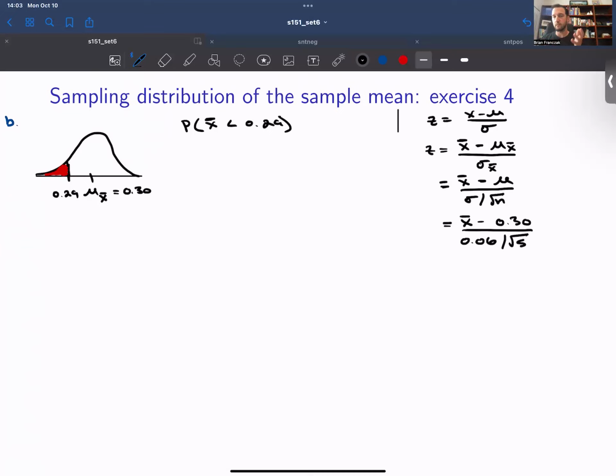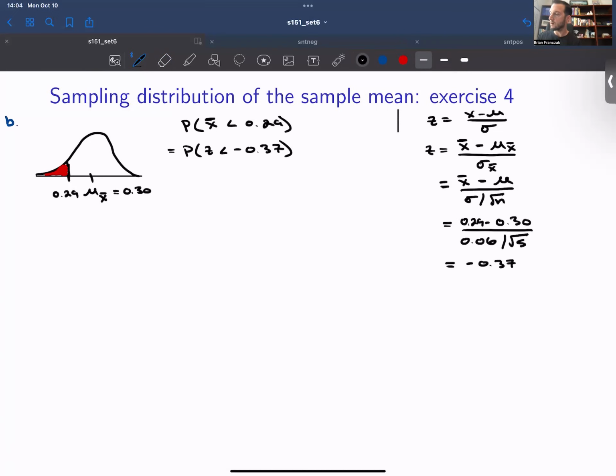All right, so x bar here is 0.29. Okay, so that means that z in this problem is now negative 0.37. So this probability here becomes the probability that z is less than negative 0.37.